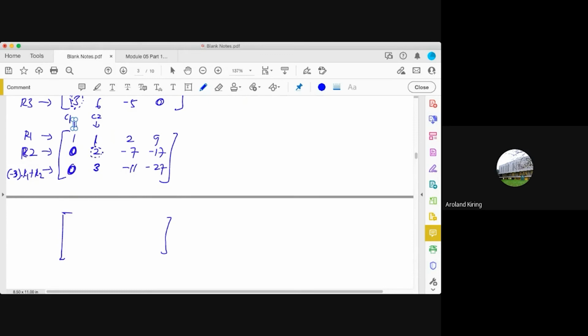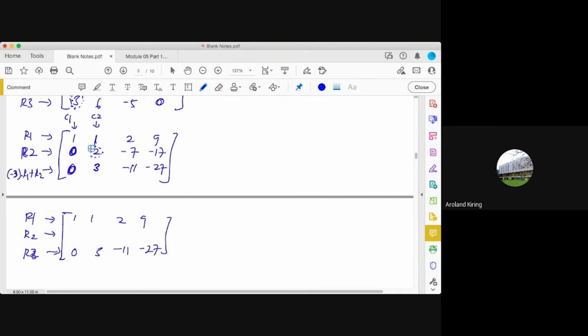Okay, so maybe it's a good idea we start with this one first, because that is easier. So we want to change the diagonal entry to become 1, isn't it? That is our target. So we have our row 1 and our row 2. This one we didn't change, so we just write it back. Sorry, this is row 3, this is row 2.